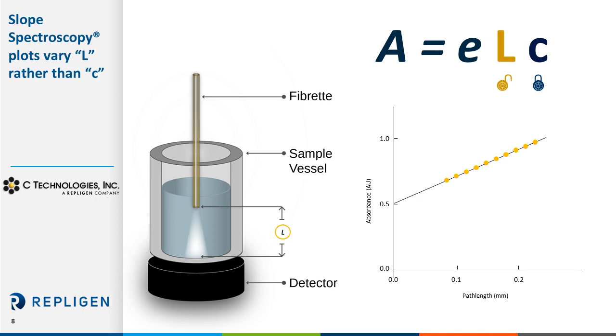The second thing we do differently is we take multiple path length reads in the measurement sample to calculate a slope regression. So the Solo VPE is not an absolute absorbance-based technology. We actually don't care about absolute absorbance, meaning that things like fingerprints and scratches on the vessels have no influence on the sample measurement.